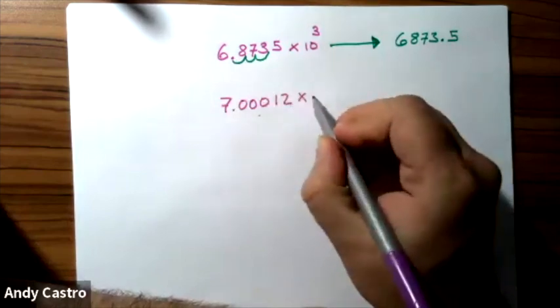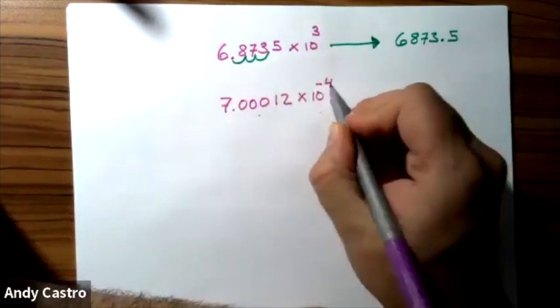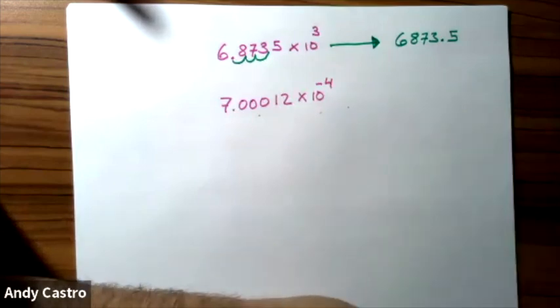7.00012 times 10 to the negative 4. What is that?